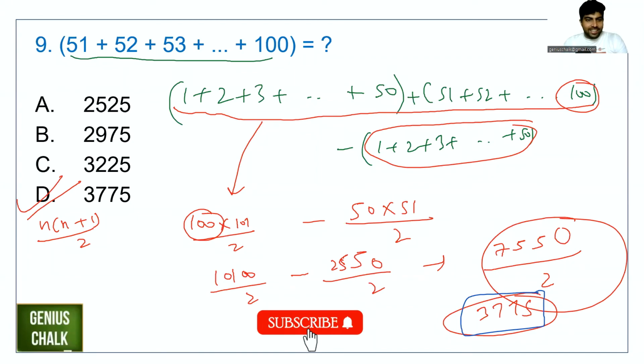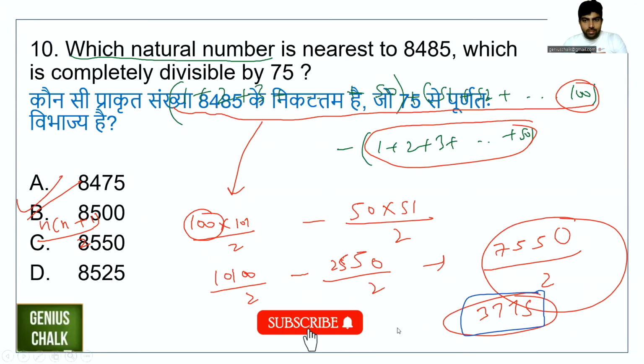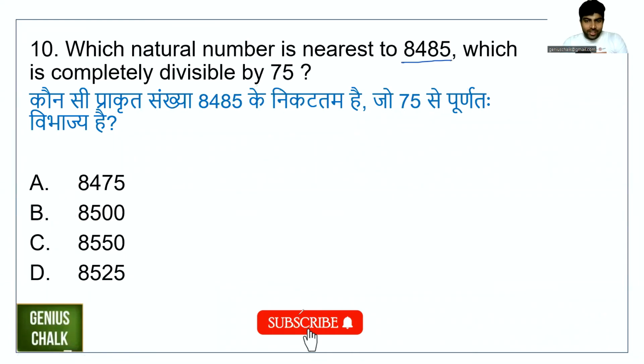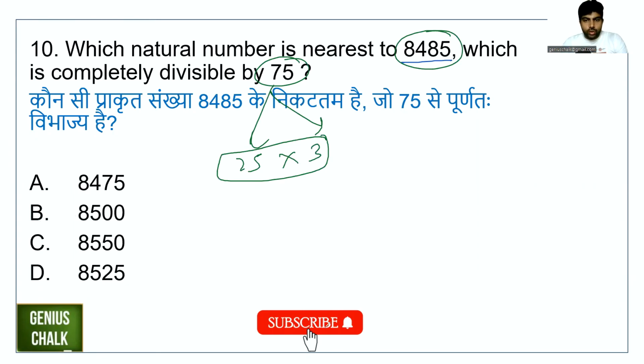All right, next. Okay, the last question of the day, of this video. So 8485, which is completely divisible by 75. Now you know the rule of 75. The number has to be divisible by 25 as well as 3. Now what is the rule for 25?